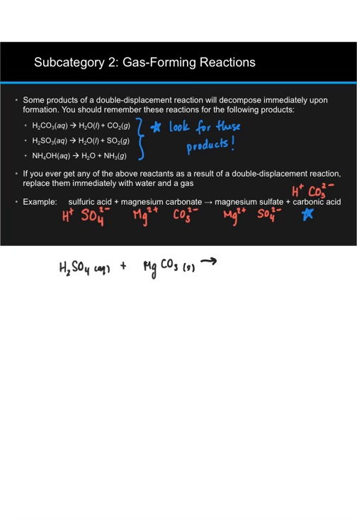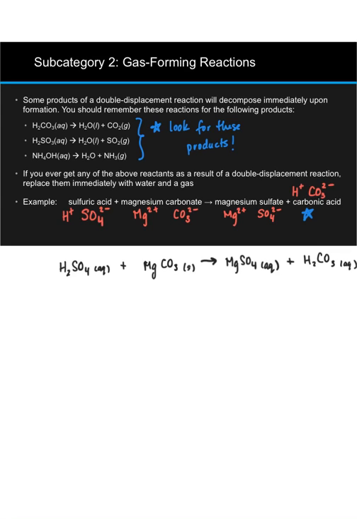This reaction will produce magnesium sulfate, MgSO4, which itself is soluble, according to rule number 4 of your solubility rules, and carbonic acid, which must have the form H2CO3. It's an acid, so it's ostensibly soluble.